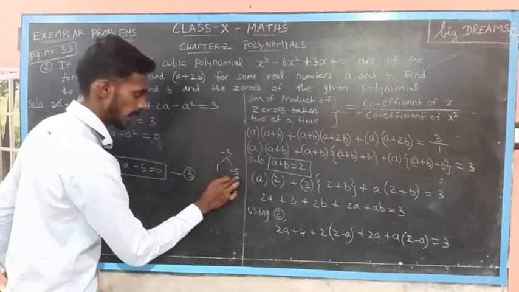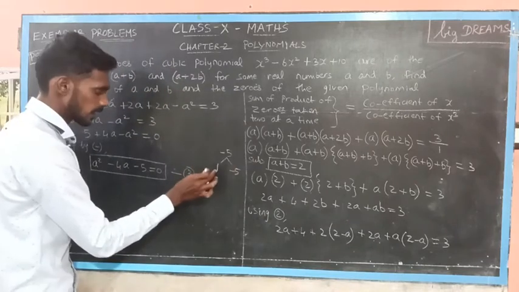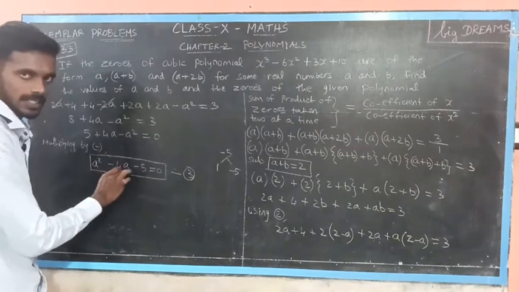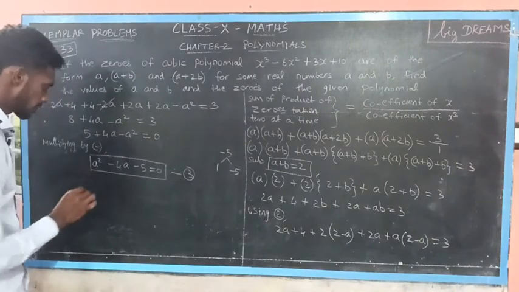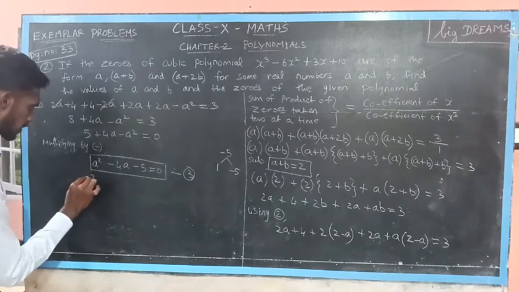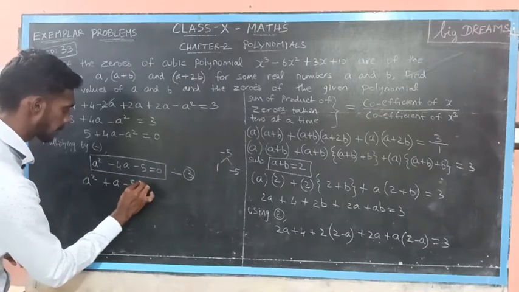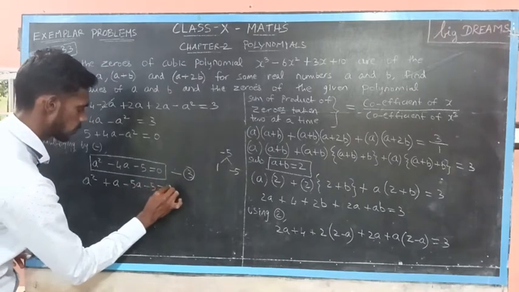So, 1 into minus 5 becomes minus 5, then 1 minus 5 becomes minus 4, which is equal to the coefficient of a. So, minus 4a can be split as plus a minus 5a, minus 5 is equal to 0.